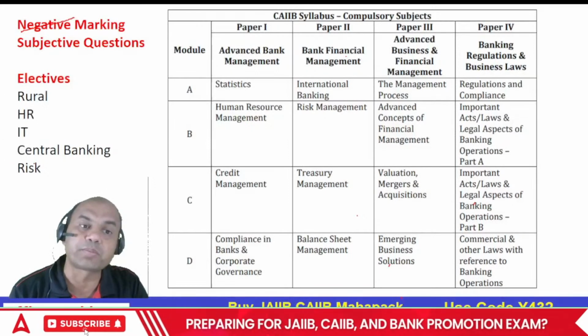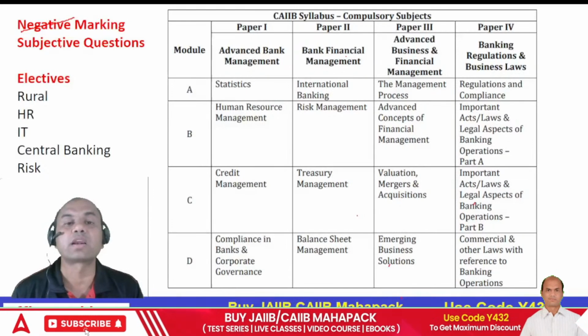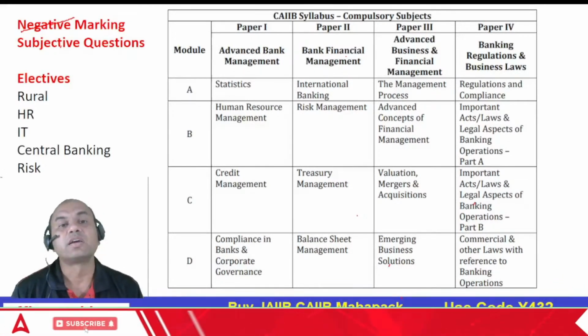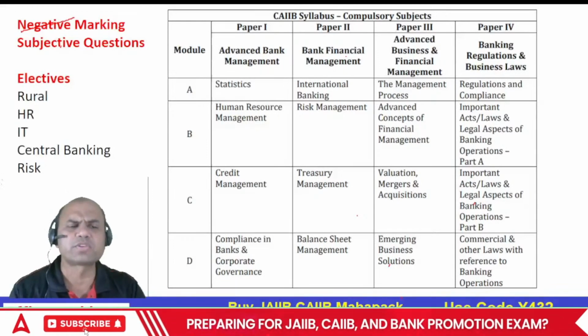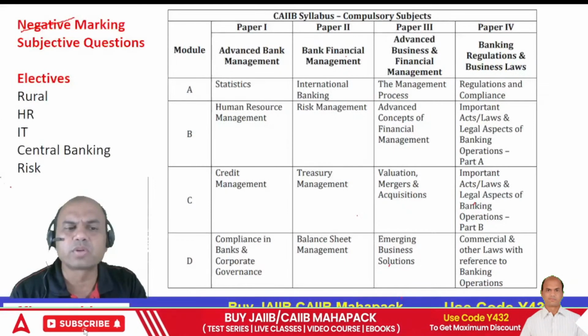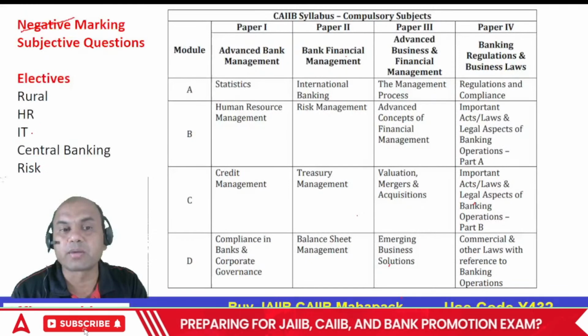Select the electives properly. The elective should be chosen in which you are comfortable. Never choose the elective which seems to be lucrative. Many of us feel, if I do risk, I can go into the treasury department; if I do IT, I can go into the IT department. Don't do that.